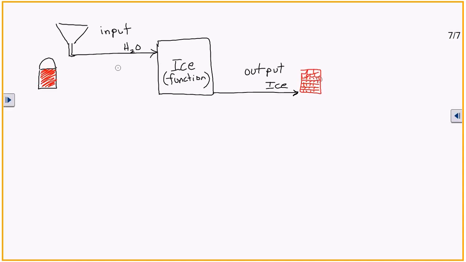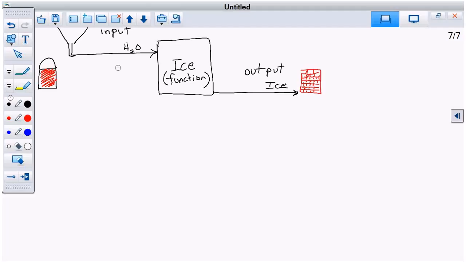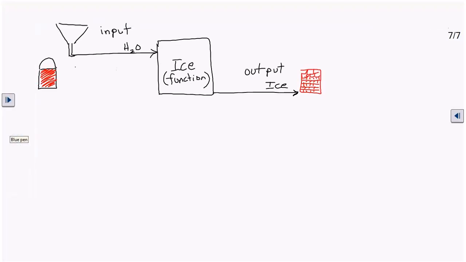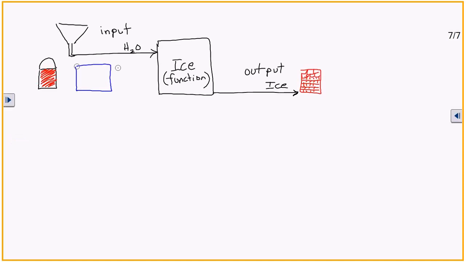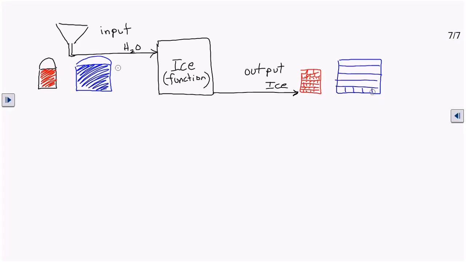If I put in 10 gallons of blueberry Kool-Aid, grape, whatever, okay? If I plug in 10 gallons of grape Kool-Aid, I'm going to get 10 gallons of grape what? Ice cubes.